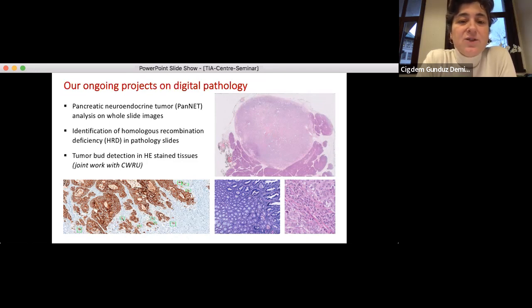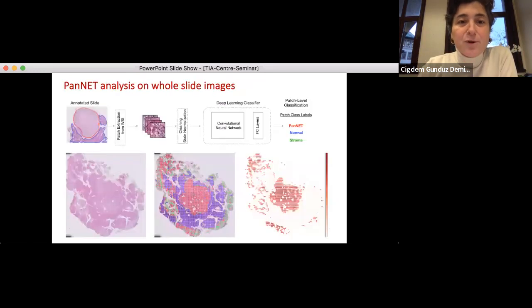First, segmentation of PanNET regions on a whole slide, and then characterizing these regions based on their cell and tissue characteristics. We already obtained some preliminary results for the first part, so it is very exciting for us. I would like to share just a single slide to show you this work in progress.